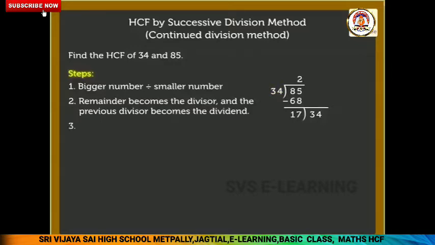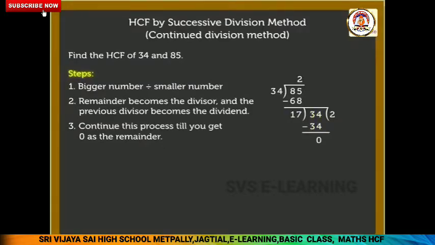Step 3. Continue this process till you get 0 as the remainder. Here, 17 into 2 is equal to 34. 34 minus 34. We get 0 as the remainder.